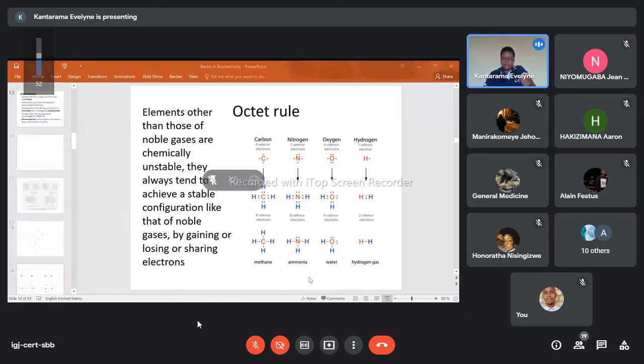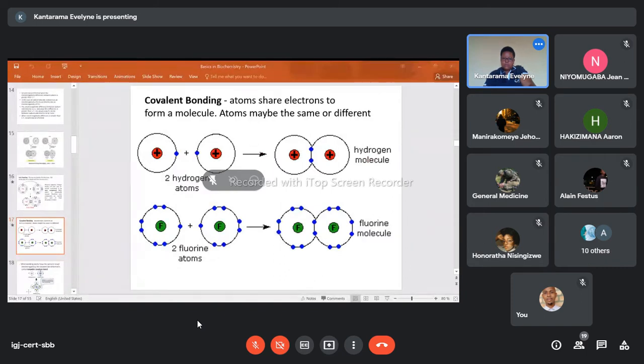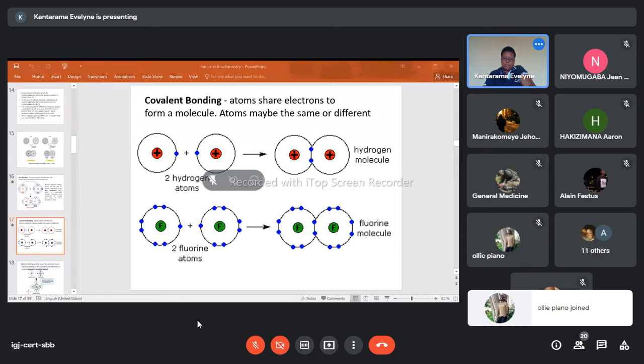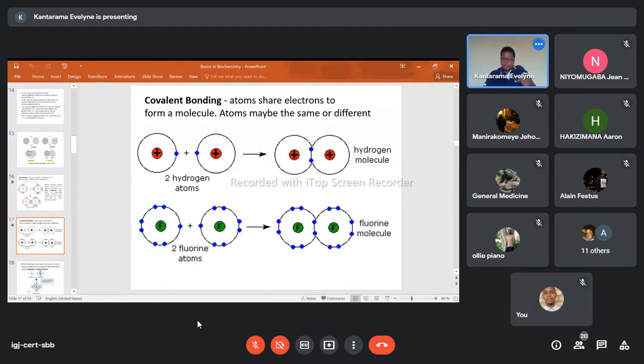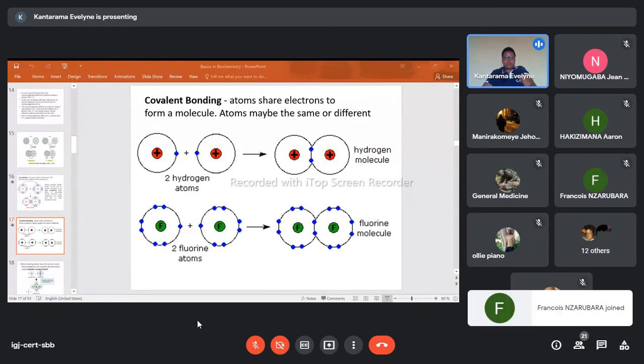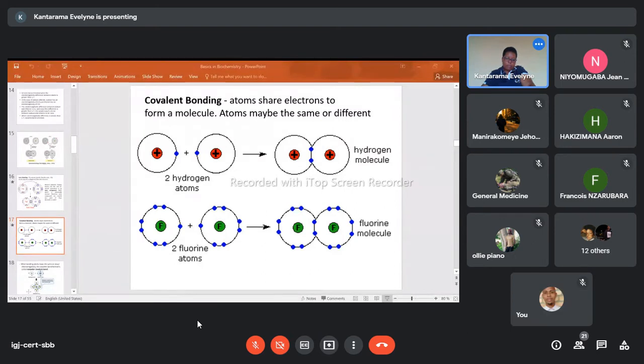Now, let's talk about the covalent bond, where atoms share their electrons.